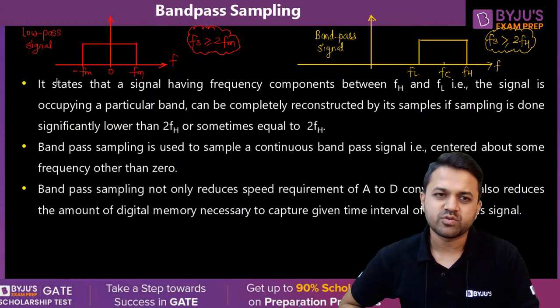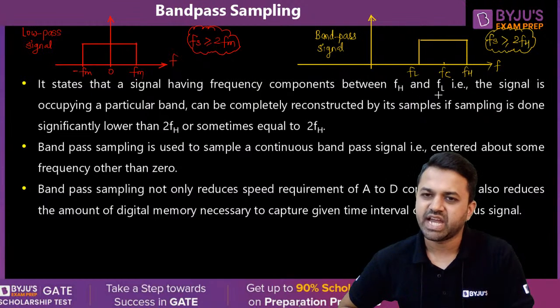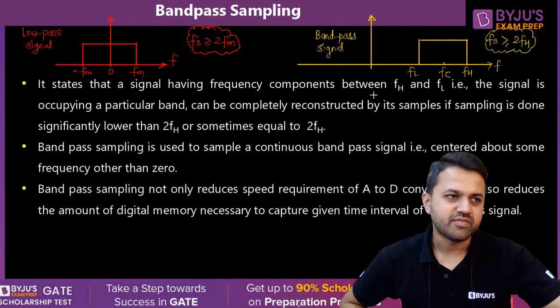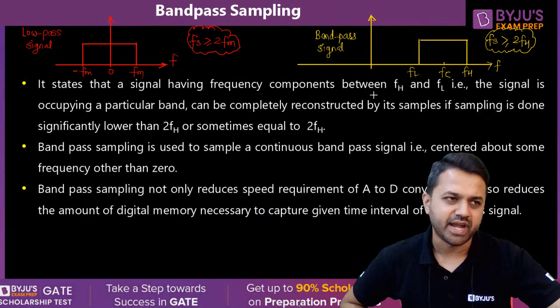According to the statement, a signal having frequency components between fh and fl, as shown in the diagram, occupies a particular band, because it is lying between fh and fl.